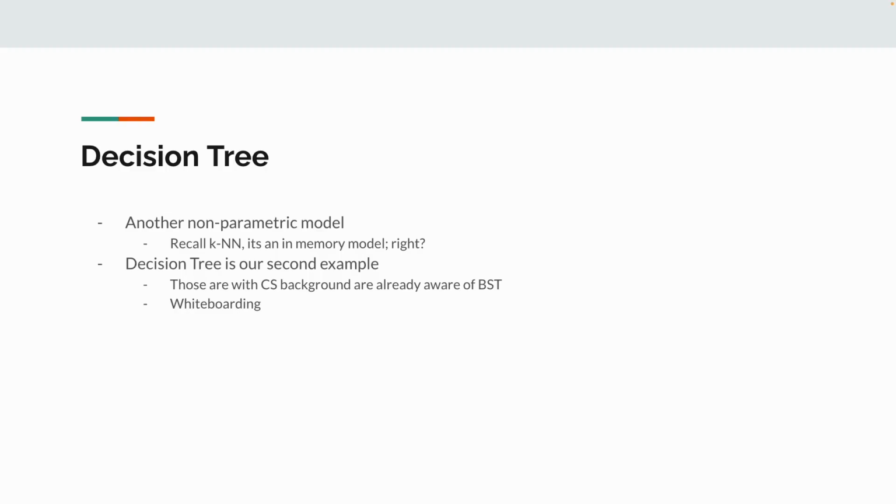Okay. If you are from a computer science background, then you have some idea about the binary search tree, and how you split your data. For example, given these data points, you organize your data in a tree-based structure.